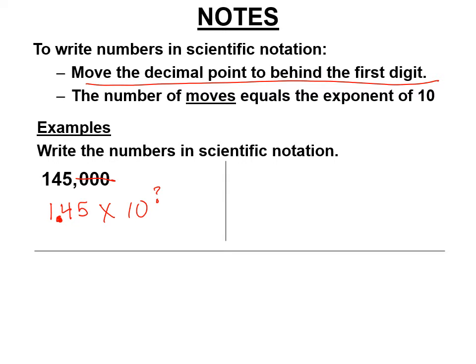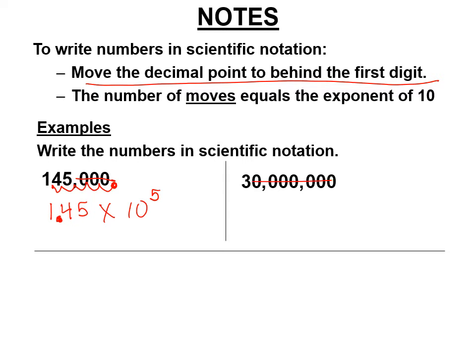And it equals the number of moves of the decimal point. So let's see that. 145,000 had a decimal point right there. And then we moved it 1, 2, 3, 4, 5 times. And so it's 1.45 times 10 to the fifth. Notice it's not how many zeros, it's how many moves. Let's try this one.